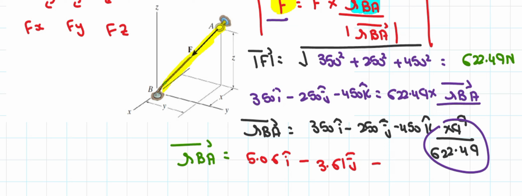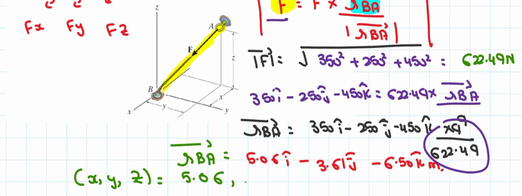With negative sign, 450 into 9 divided by 622.49, so it will be 6.50k. And don't forget to write down the unit, which is meters. So the values of x, y and z are written as (x, y, z) equal to (5.06, negative 3.61, negative 6.50) meters.